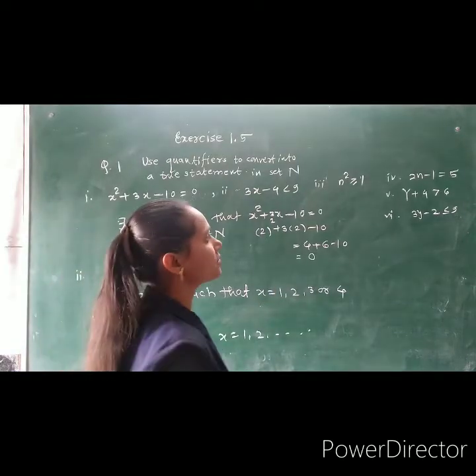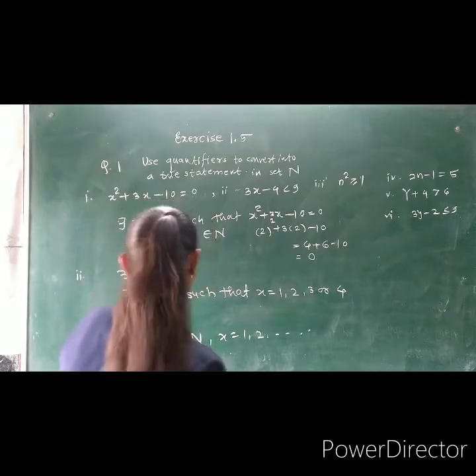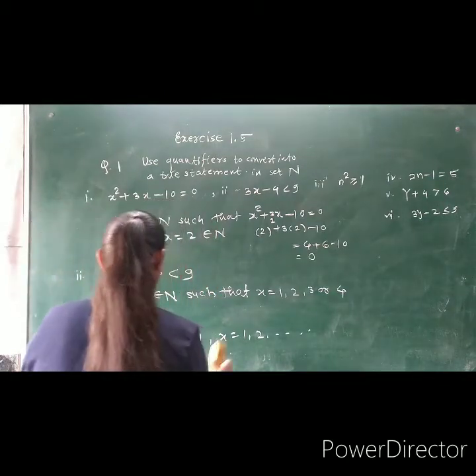Then the fourth one is 2n minus 1 is equal to 5.